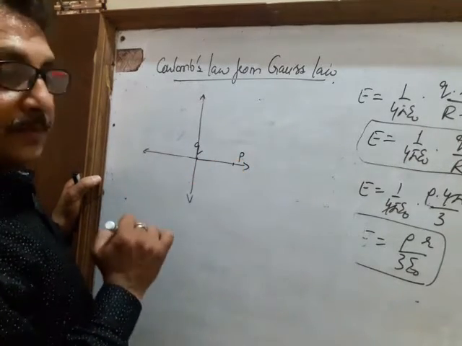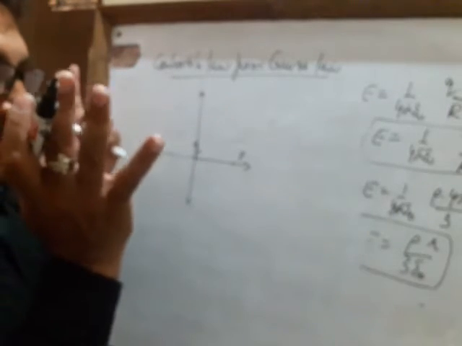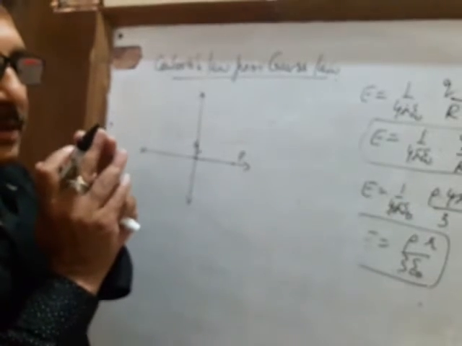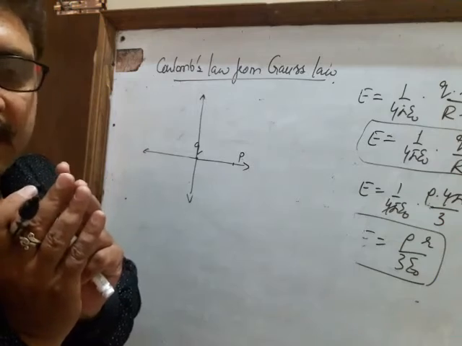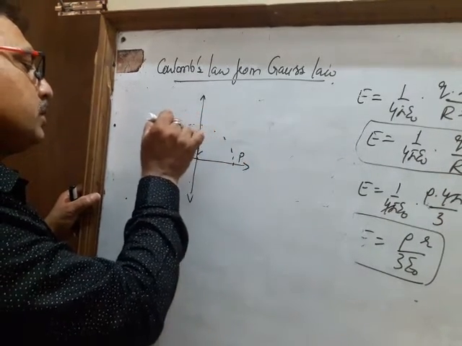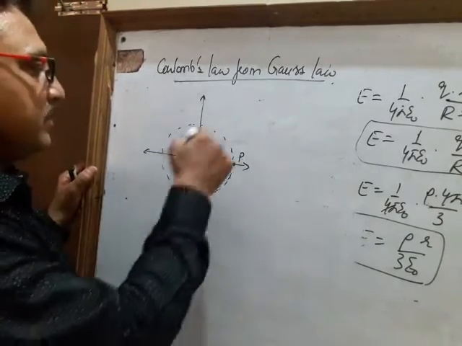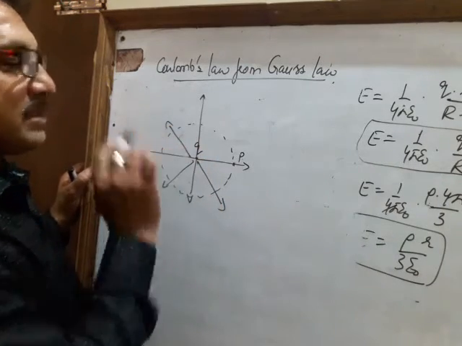This is the point P. The flux lines are coming in all directions. And if I want to trap these lines, then what shape of a surface can I assume? I can assume one sphere in which you can see the flux lines are coming out.